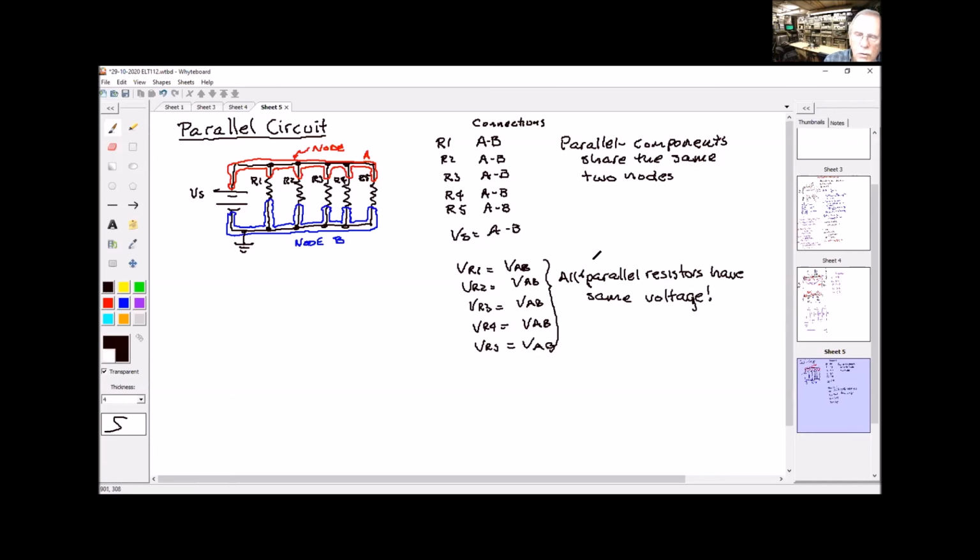This is really all resistors in parallel have the same voltage, not all parallel resistors. If you have a different circuit, obviously you may have a different voltage.